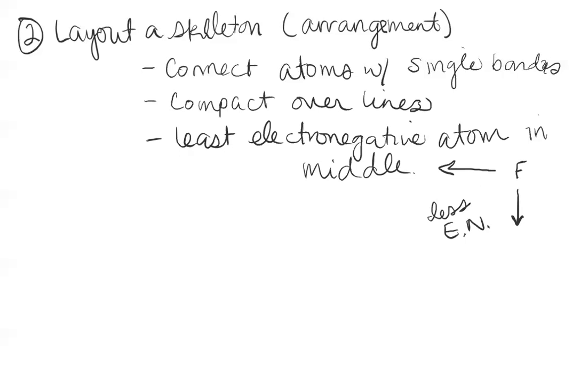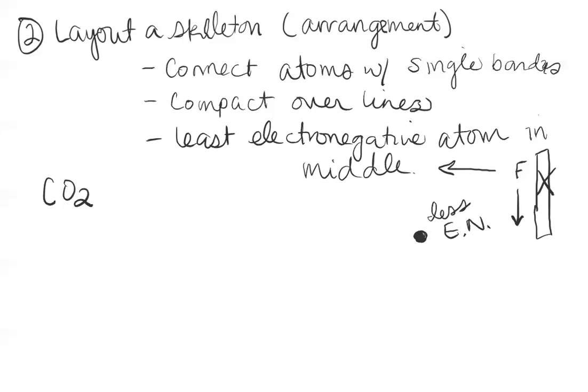So I'll put less EN. The element over there is the least electronegative on the whole periodic table. And noble gases, like on the periodic table I'm drawing, have no electronegativity, so just ignore them. They don't like electrons.